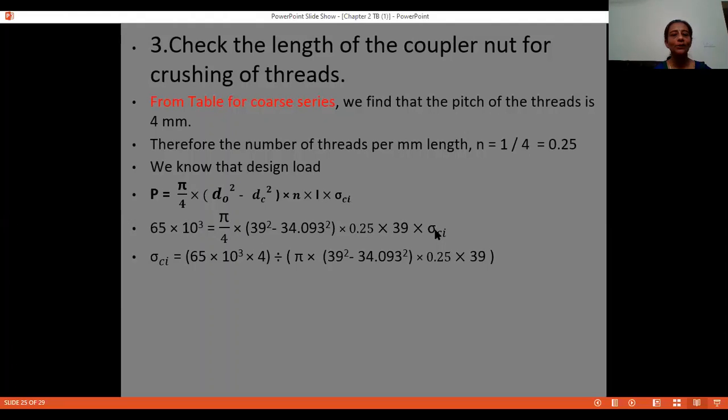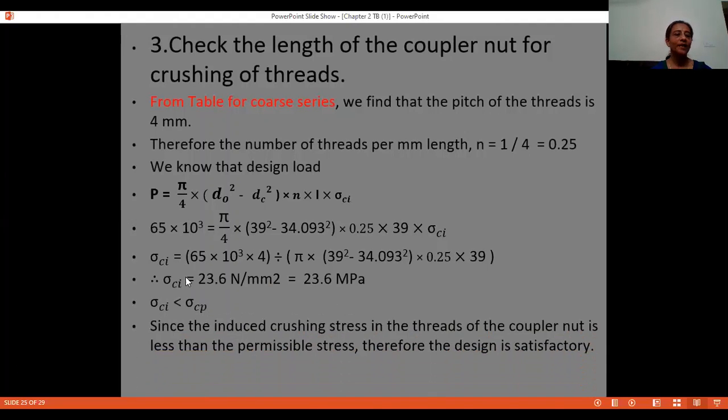Substituting all the values in this equation and rearranging the terms, we find that sigma C induced is 23.6 Newton per mm square. Our permissible value is 90 megapascal. So as this induced stress is less than permissible value, therefore design of threads is safe in crushing.